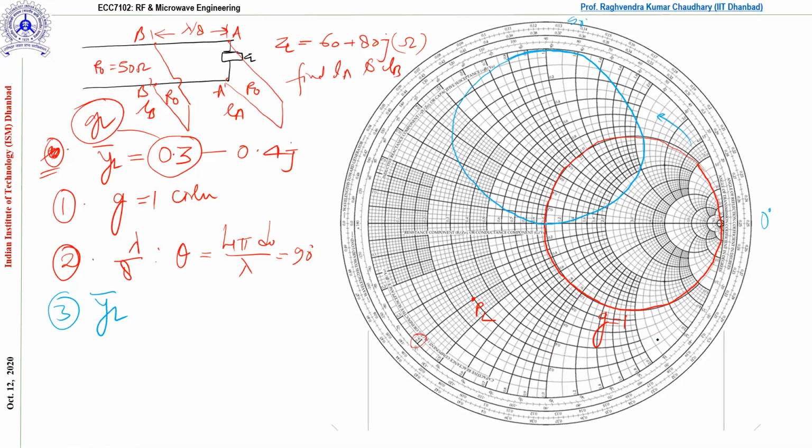If you trace this, it will be like this. This green color I'm drawing here. This green circle is GL equal to 0.3.